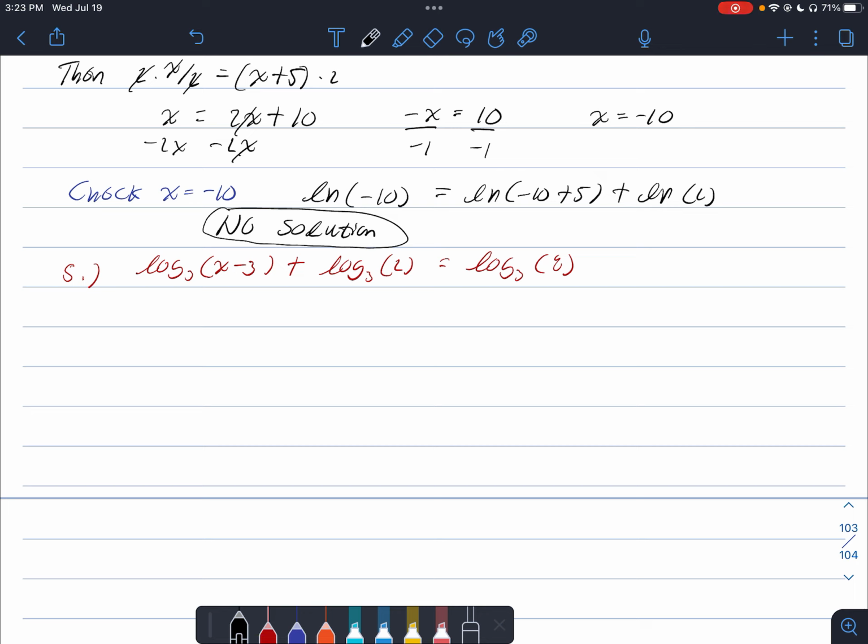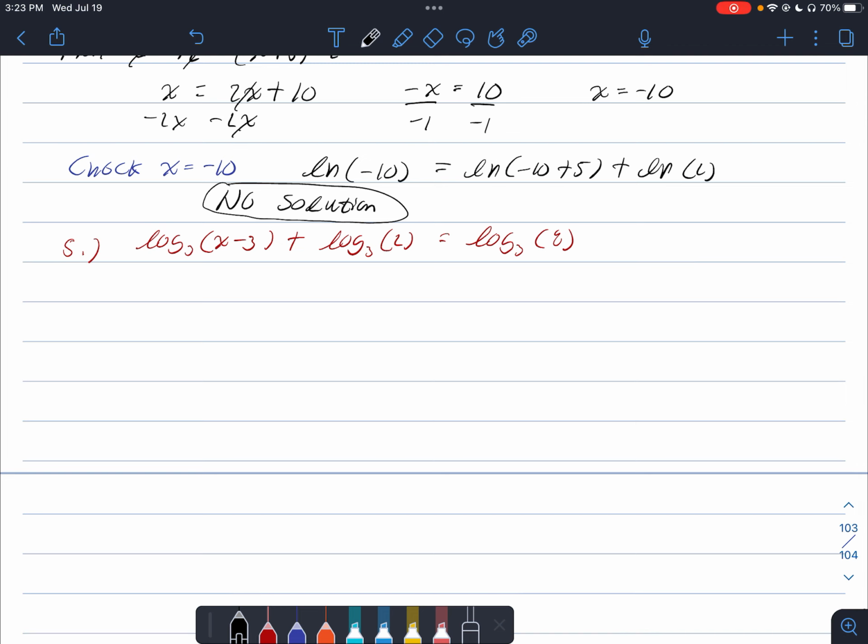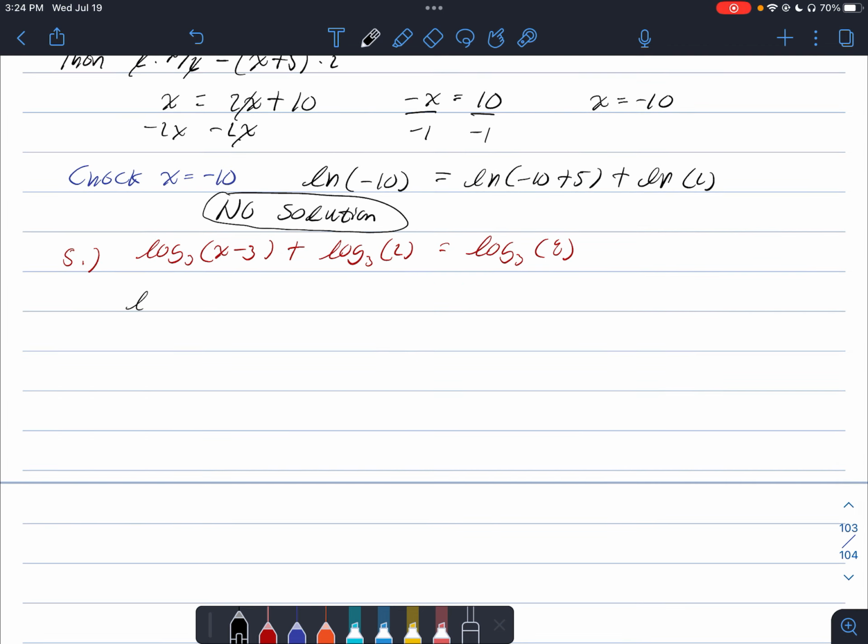Here we have log base 3 of x minus 3 plus log base 3 of 2 is equal to log base 3 of 8. Okay, so let's go ahead and just use our product rule here. And we can write this as log base 3 of 2 times x minus 3 is equal to log base 3 of 8.